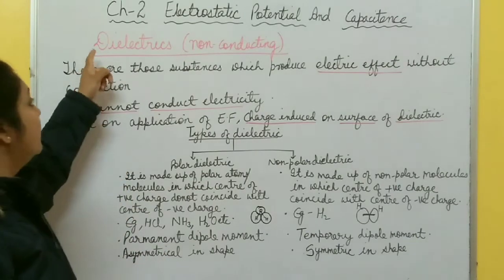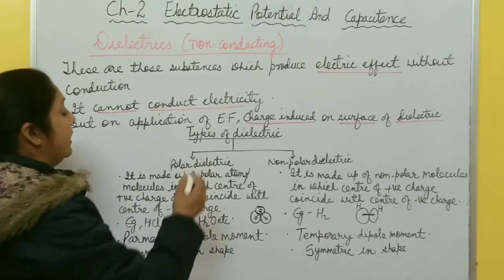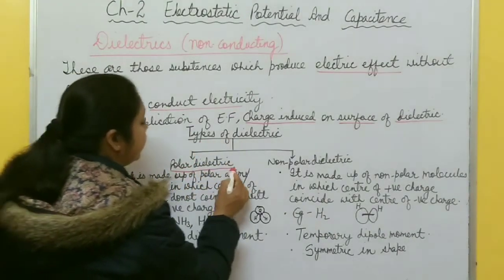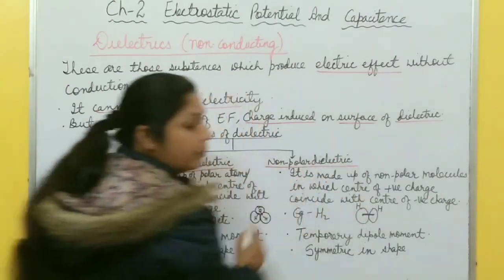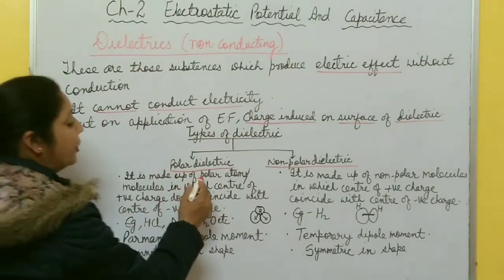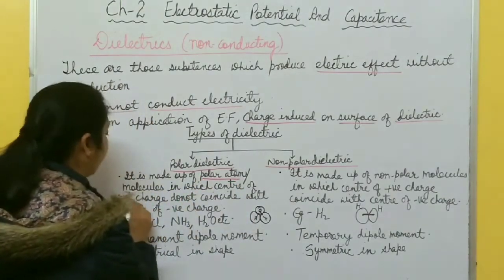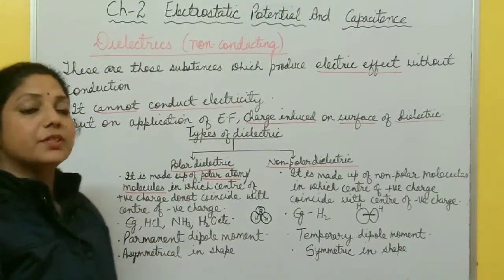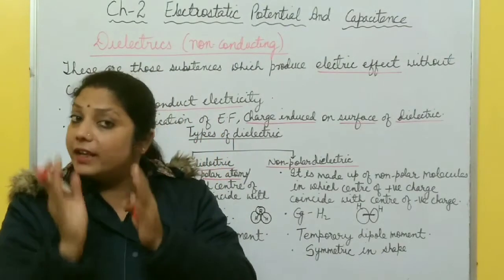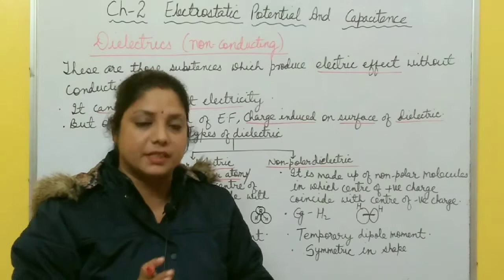So you must know what a dielectric is, and also there are 2 types of dielectric. One is polar dielectric, another one is non-polar dielectric. Polar dielectric is made up of polar atoms or molecules. What are polar atoms? In which the center of positive charge and the center of negative charge are separated by some distance.